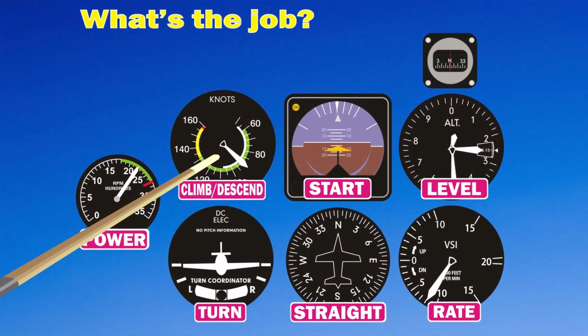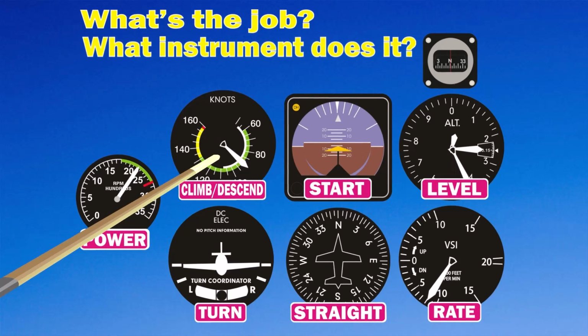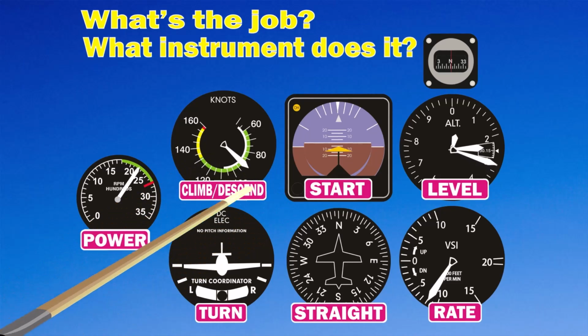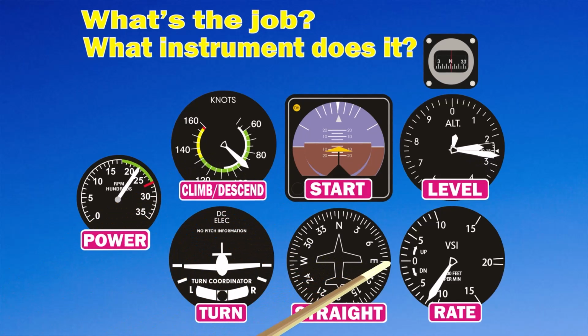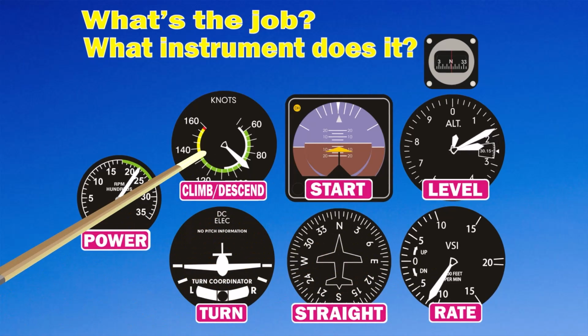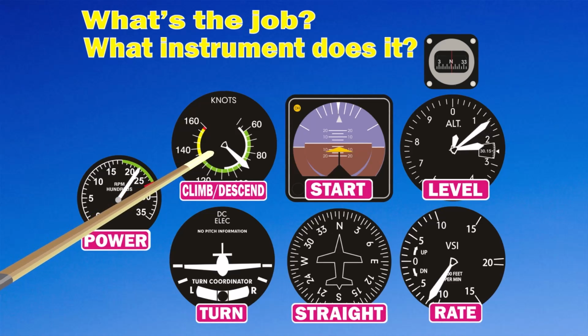What is the job to be accomplished and what is primary to do that job? The job on a constant rate descent is to maintain a specific airspeed, a specific heading, and a specific rate. The only instrument that can do the job of telling you if the airspeed is correct is the airspeed indicator. Power is modified to maintain this specific airspeed.